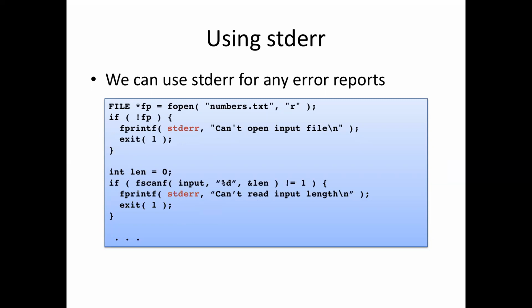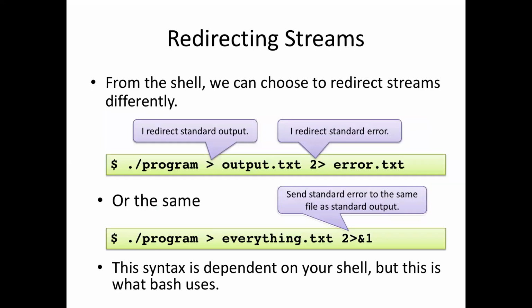So this gives us a typical way of handling errors, at least responding to errors with error messages. I mentioned that you can redirect standard error differently from standard output, and here's the syntax for doing that. You already know a greater than sign sends your program's terminal output to a file instead of straight to the terminal. If you use this notation, 2 greater than, you're saying, here's where standard error needs to go. And this will send any of your error messages to a file called error.txt.